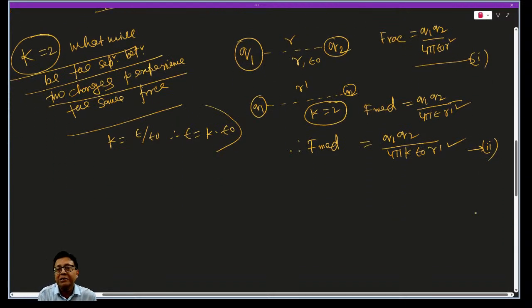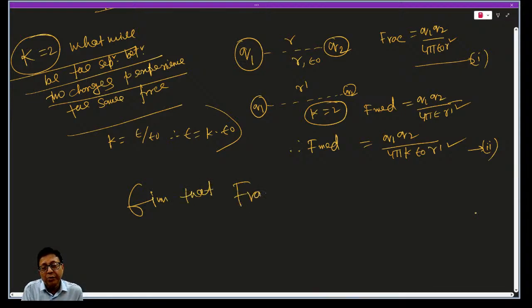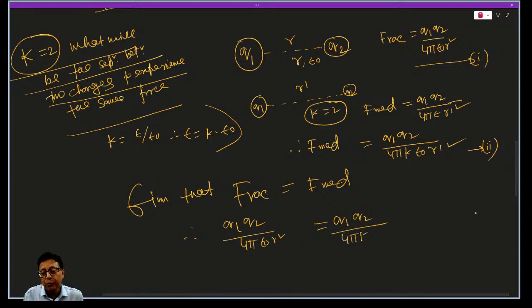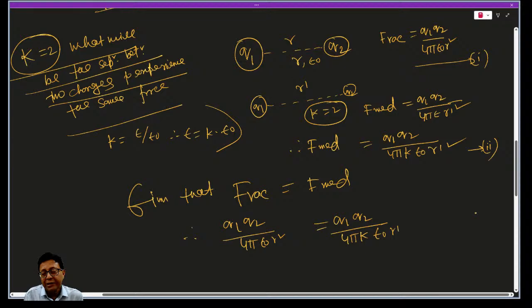Just compare these two. Given that F vacuum equal to F medium, this implies Q1 Q2 by 4 pi K epsilon 0 R dash square.